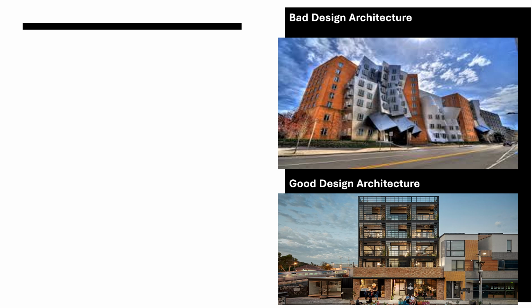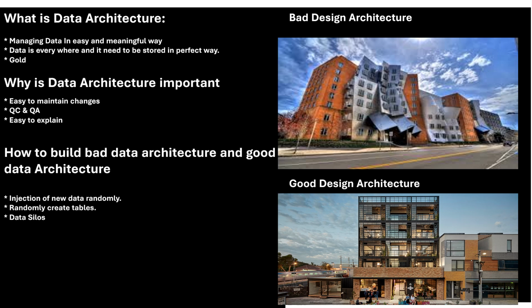So what is bad architecture design and what is good architecture design? Whenever we go to the client and ask about the data, what they want as an output, what is the input and what is the output. As an input, they give us data, and as an output, they want aggregated data.